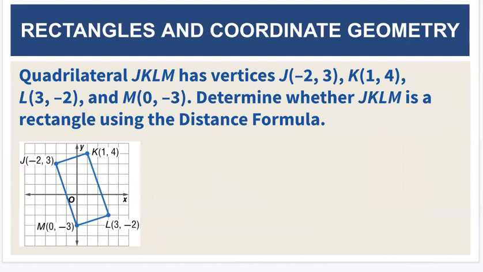So quadrilateral JKLM has the vertices that you see there in the picture. Determine whether JKLM is a rectangle using the distance formula. So if we want to determine whether or not JKLM is a rectangle and we're going to use the distance formula, then what information do we have to show in order to say that this image is a rectangle?